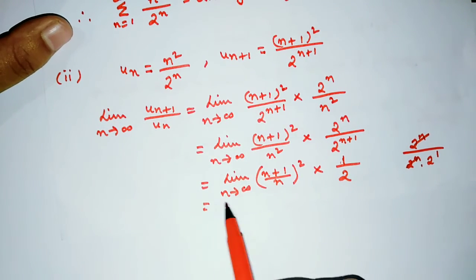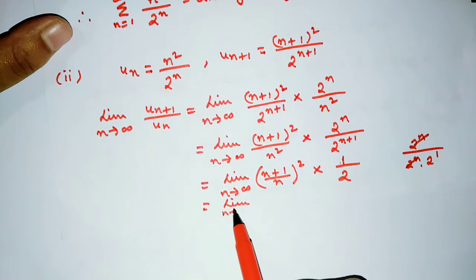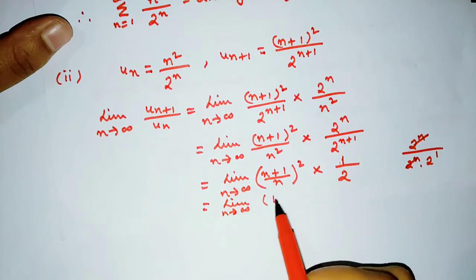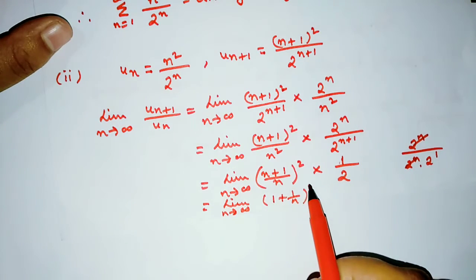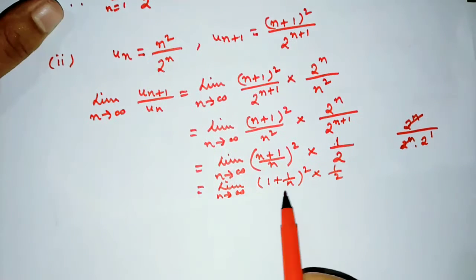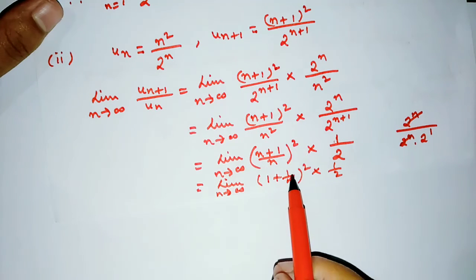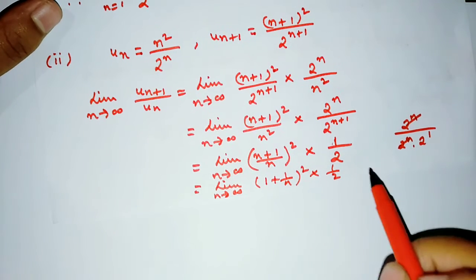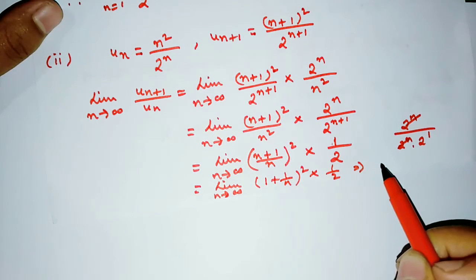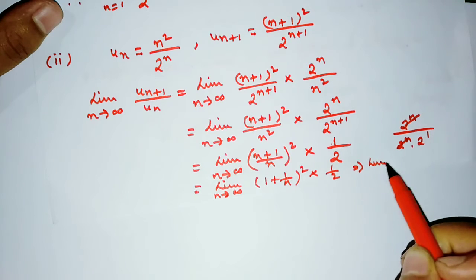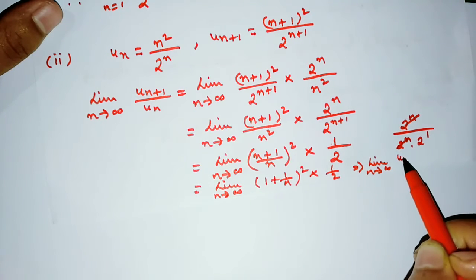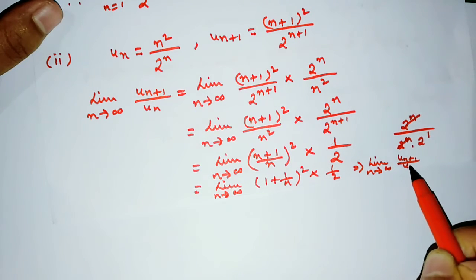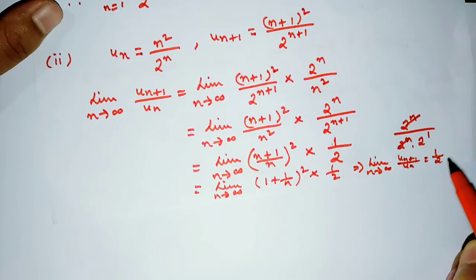Now here, n tends to infinity, 1 plus 1 by n. As n tends to infinity, 1 by infinity is 0, 1 plus 0 is 1, and 1 square is 1. So 1 into half is half, which implies that limit n tends to infinity, UN plus 1 by UN is equal to half, which is less than 1.